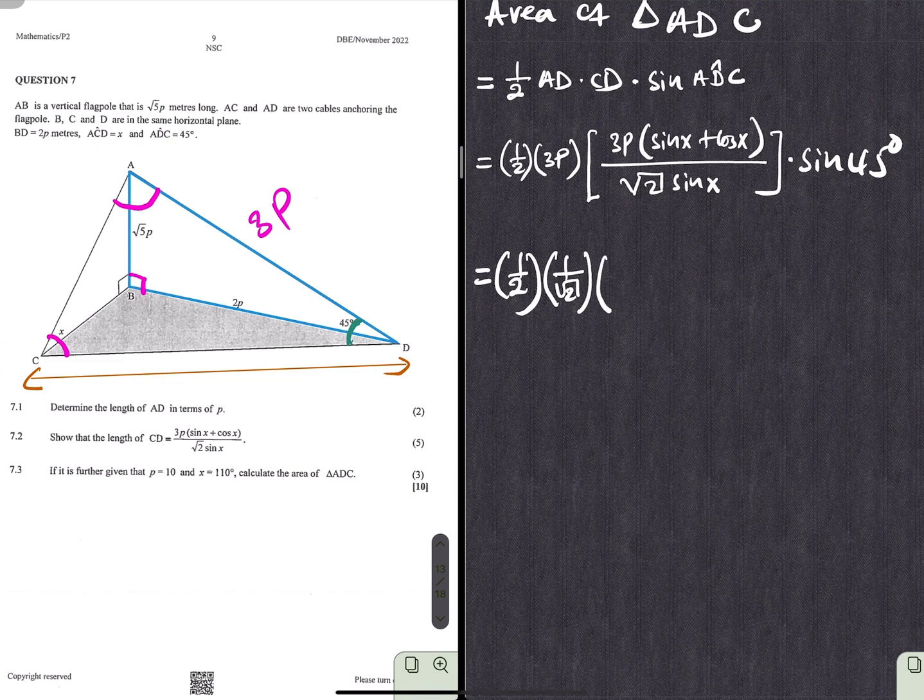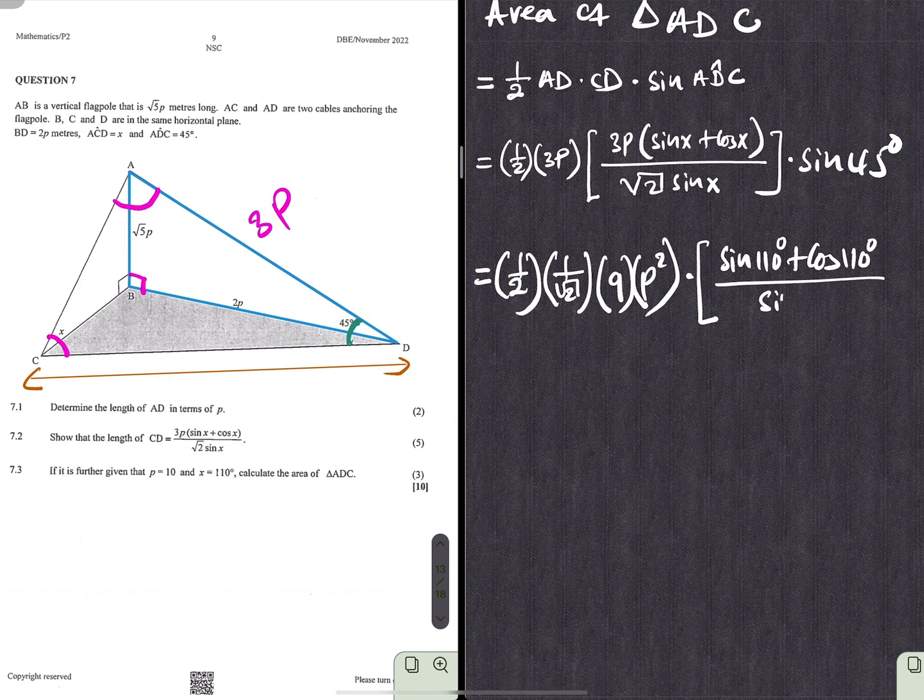So that is 3 times 3 is 9, multiplied by P squared, and then multiplied by sine of 110 degrees plus cos of 110 degrees divided by sine of 110 degrees.